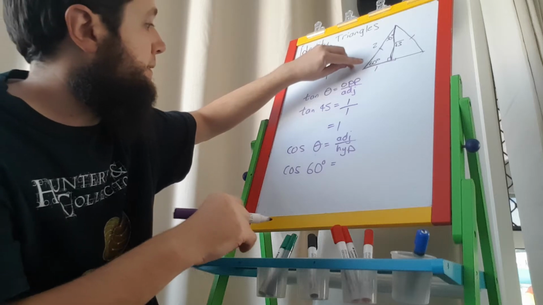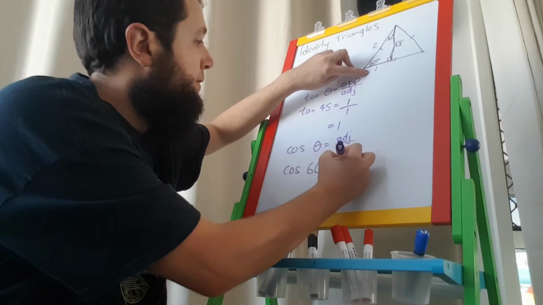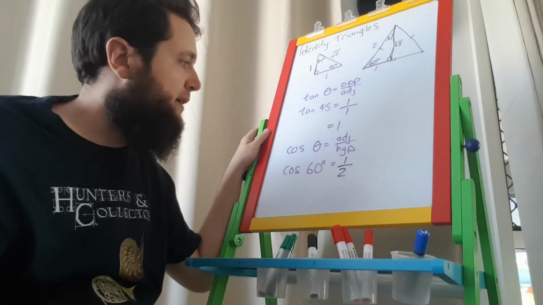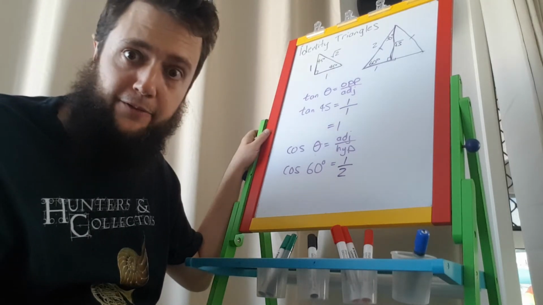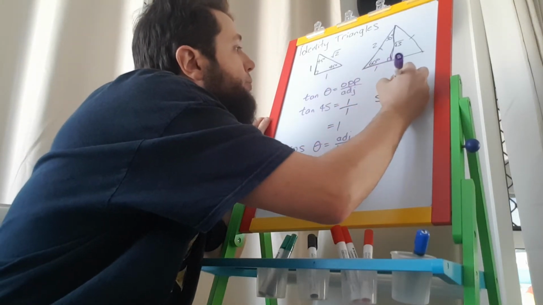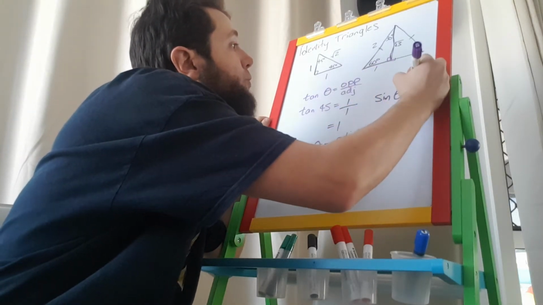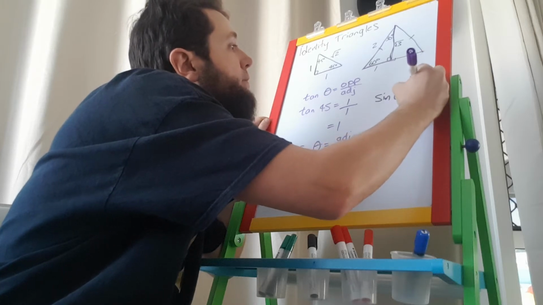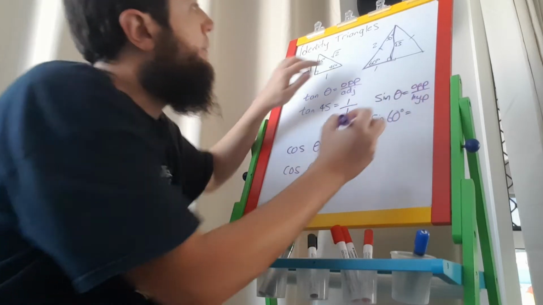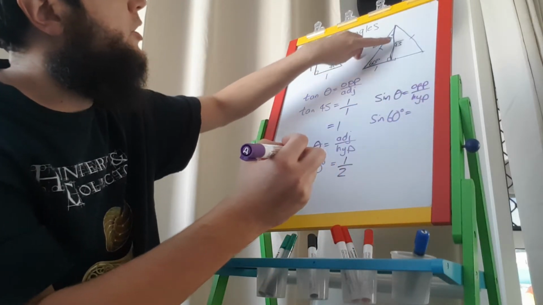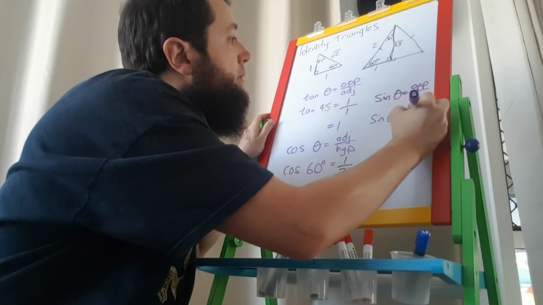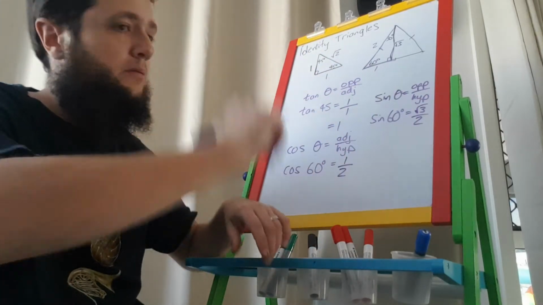Right, if I'm looking at the 60 degrees here, adjacent is 1, the hypotenuse is 2. Cos 60 is therefore 1/2. Sine 60 degrees, we'll do a sine one. Sine, of course, is opposite over hypotenuse. So if I said sine 60 degrees, I'd be looking at the 60 again, except this time opposite. Opposite is root 3. The hypotenuse remains 2.